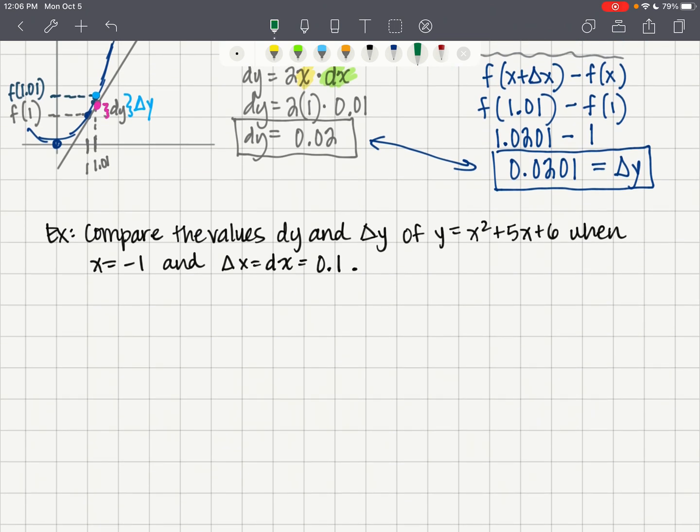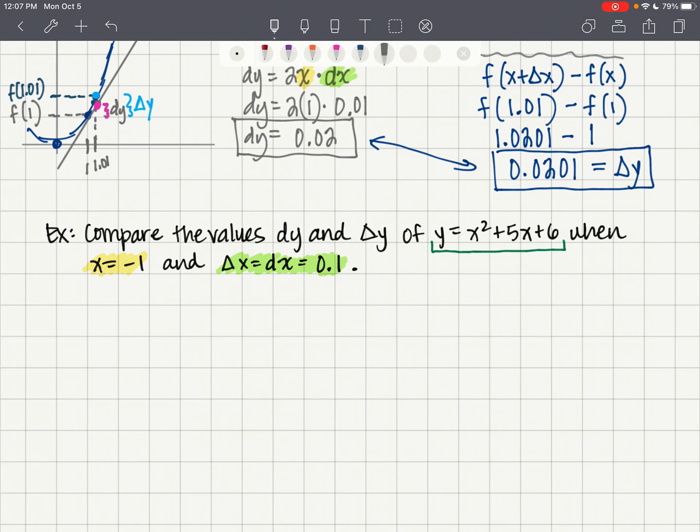Okay, let's try this one right here. Let's compare. We want to compare dy and delta y, and we're given this function right here. We're told x equals -1, and delta x happens to equal dx, your differential, which is 1/10.